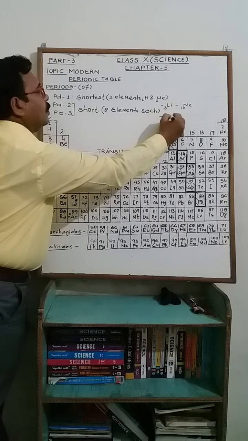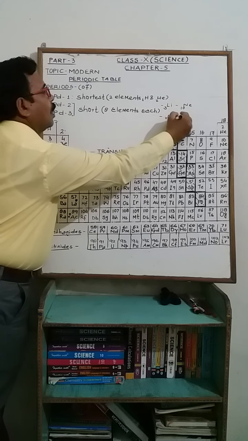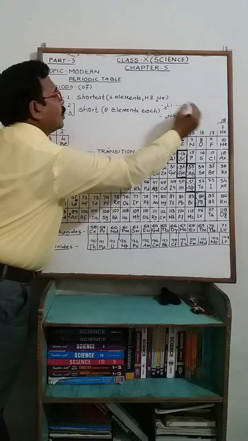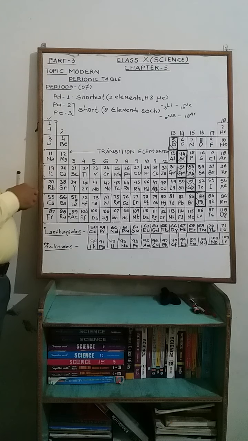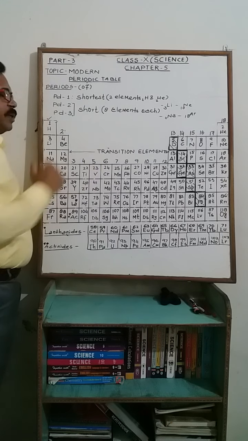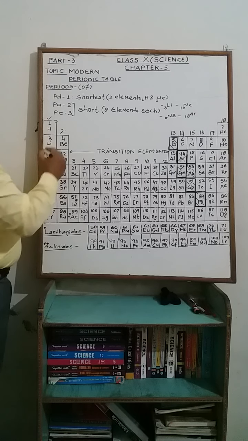So period 2 and period 3 are known as the short periods because each has 8 elements.